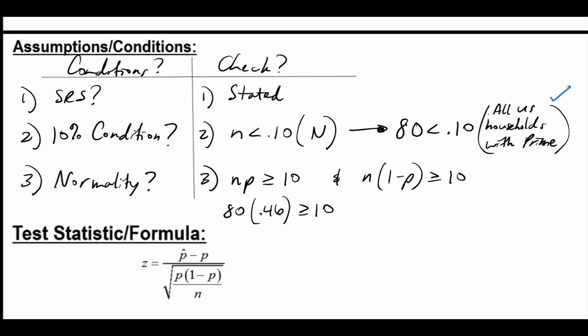So it's going to be 30 something. What is it? 80 times 0.46. 36.8. Yep. That's bigger than 10. And then 80 times 0.54. 43.2. So our numbers are big enough.